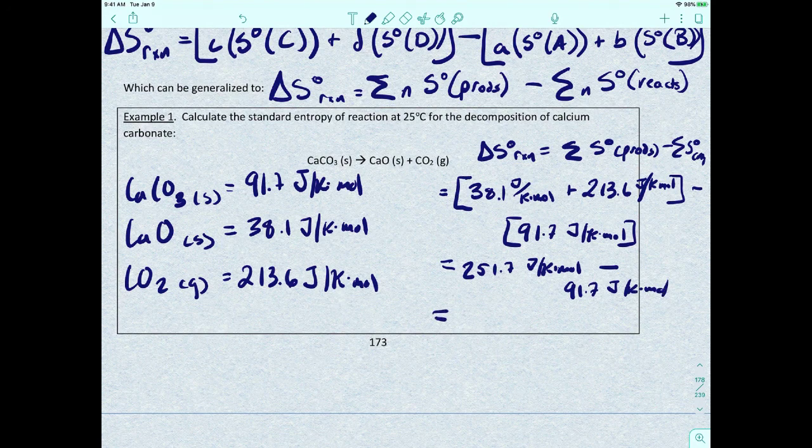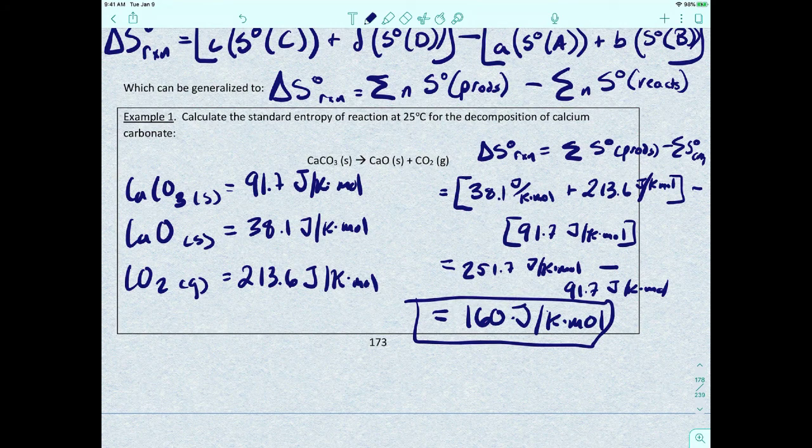That should give us a total of a positive 160 joules per K-mole. All right, so that's how you would do that kind of a problem.